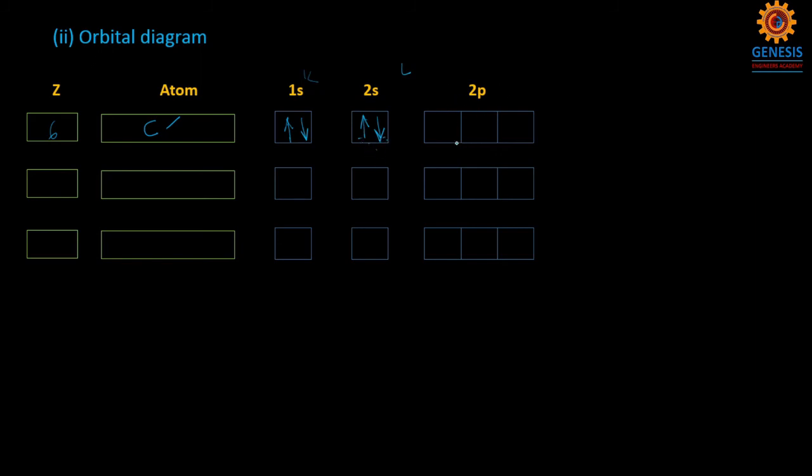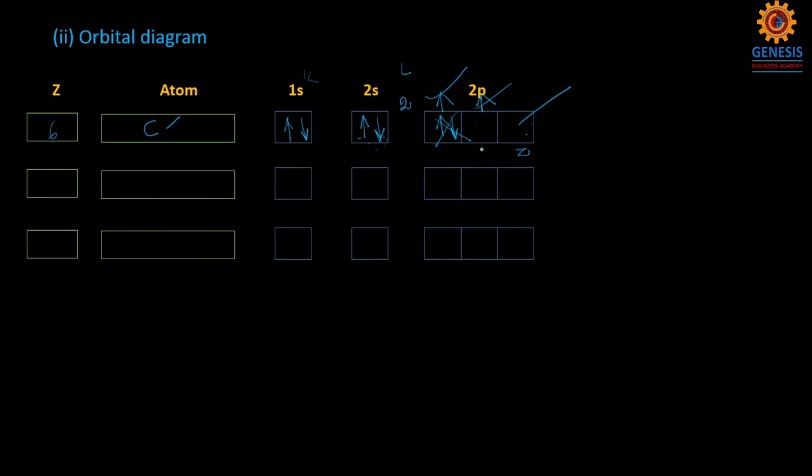So 4 are over and 2 are remaining. This should not be written like this; it should be written with 1 in one orbital and the other 1 in the next. The third one, suppose it is pz, is vacant. So this is right: each subshell should have at least 1 electron.